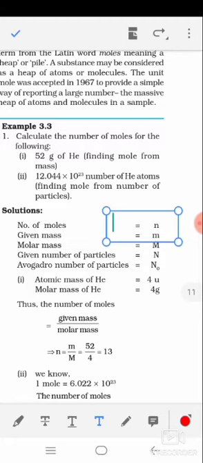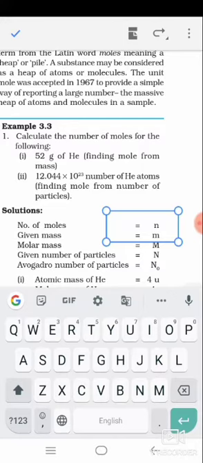How can you find the number of moles? Your question is: calculate the number of moles for the following: 52 gram of helium, and 12.044 into 10 raised to 23 helium atoms. This is your question.